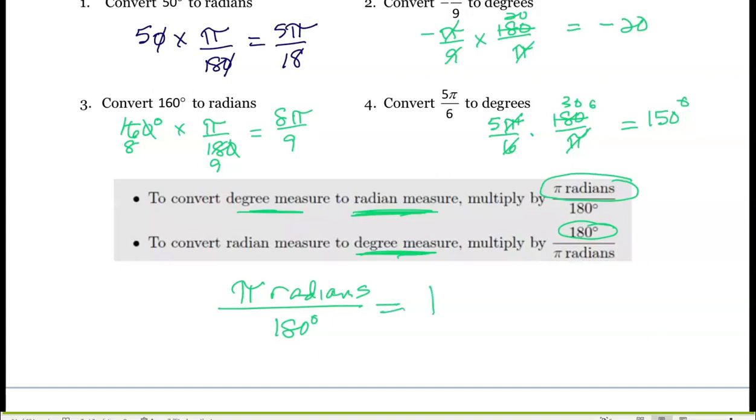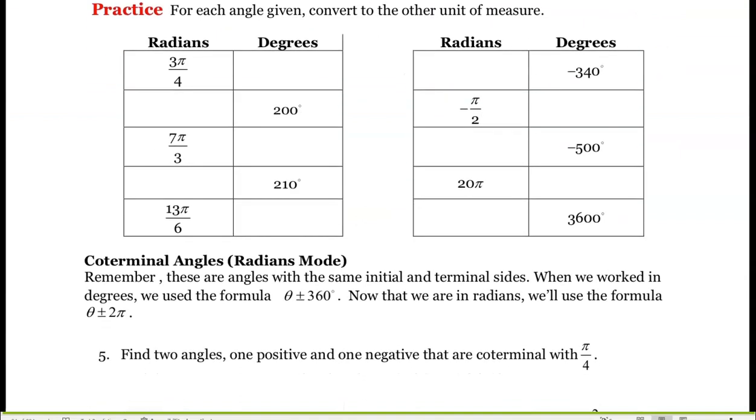Well, that just equals 1. That's why I can just multiply by it and not change the value. I'm just converting the units. Okay? So that's a conversion factor. Okay, let's keep going.